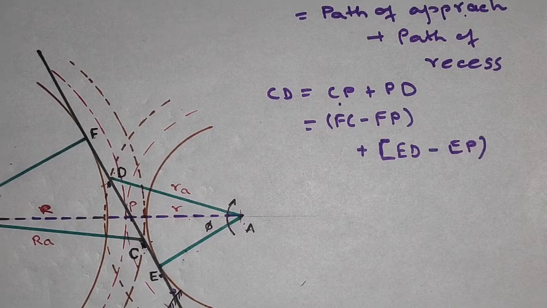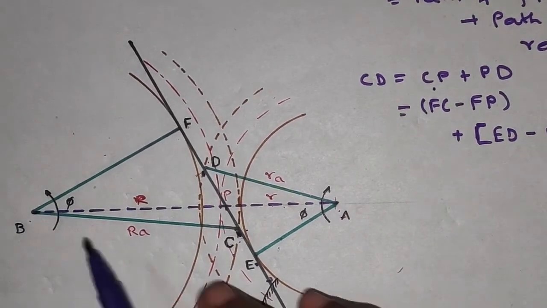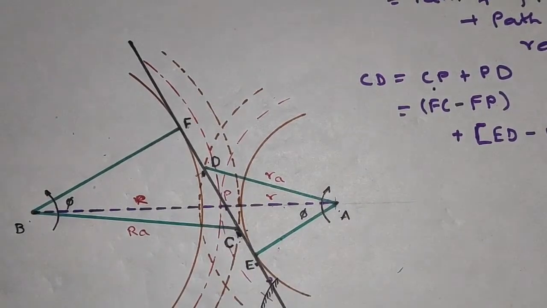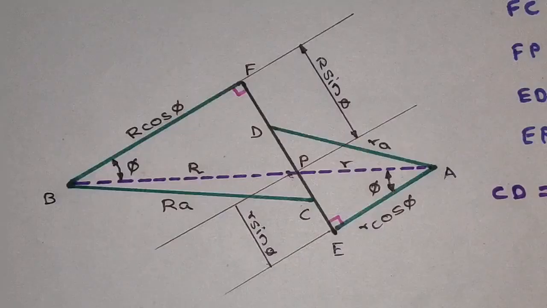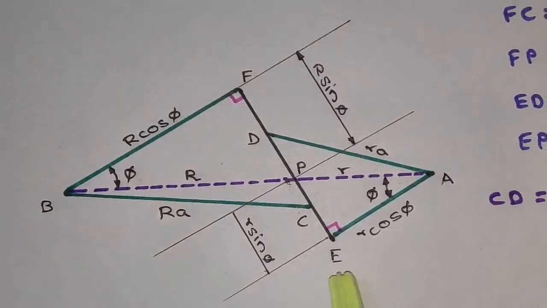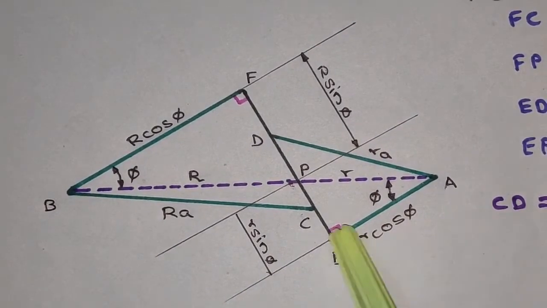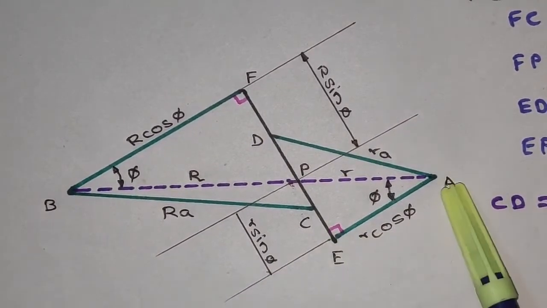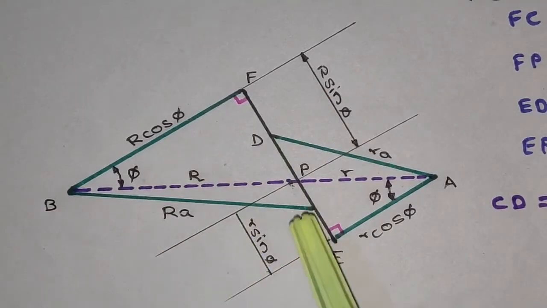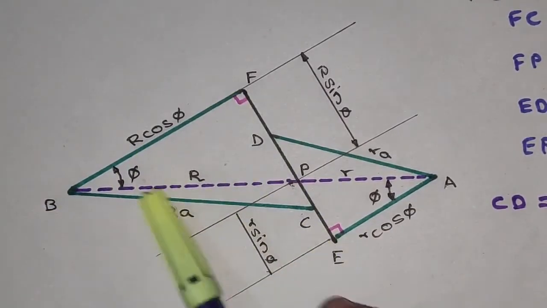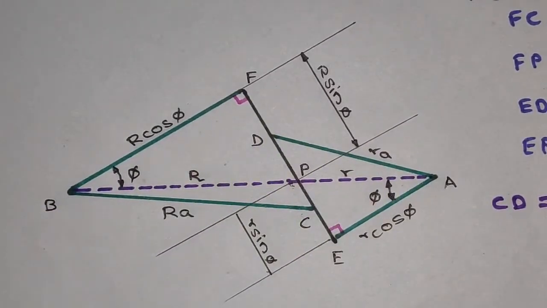So this is the equation done. Now we have two similar triangles formed over here. Let us see that in a separate diagram. Here we have EF as the line of action, and two triangles are formed, that is AED and EFC. These two triangles are similar triangles.